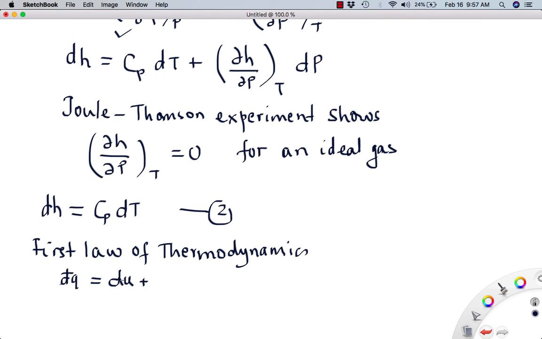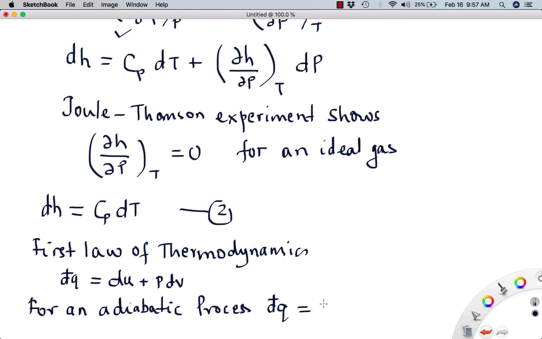If you are adding the heat, internal energy would increase, and there would also be work, either work done by the system or on the system, depending on whether you are supplying the heat or removing the heat. So now here we are dealing with adiabatic process. So for an adiabatic process, there is no heat entering or leaving the system, so dq is 0. So that means in this equation we have dU is equal to negative pdV.